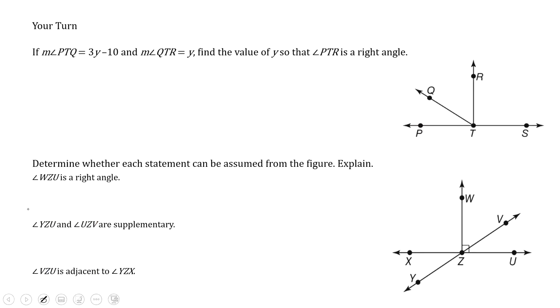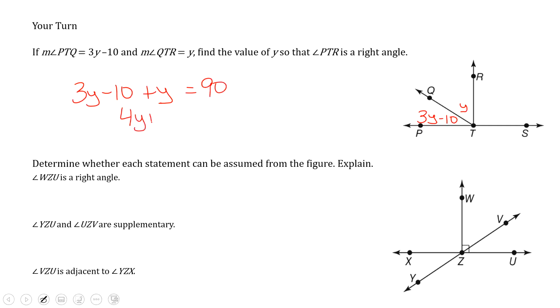So we're trying to make PTR a right angle. They tell us that PTQ is 3y minus 10, so I'm going to write it in here. They also tell us QTR is y. So for it to be a right angle, we need to find the value of y to make PTR 90. That tells me that 3y minus 10 plus y has to equal 90.